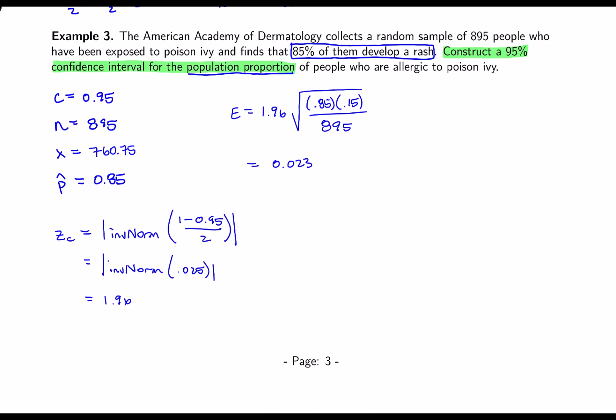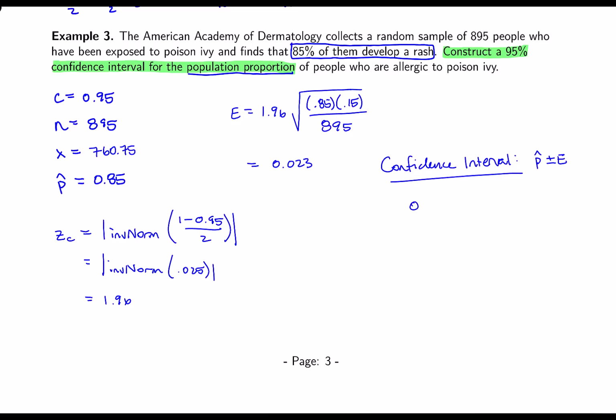Okay, and then once we have our margin of error, we can then come up with our confidence interval, by taking our point estimate plus or minus that margin of error.